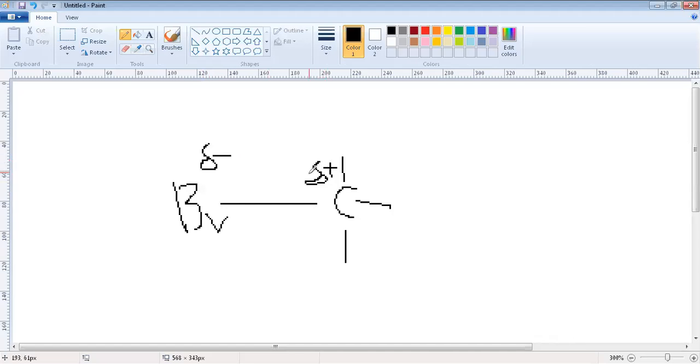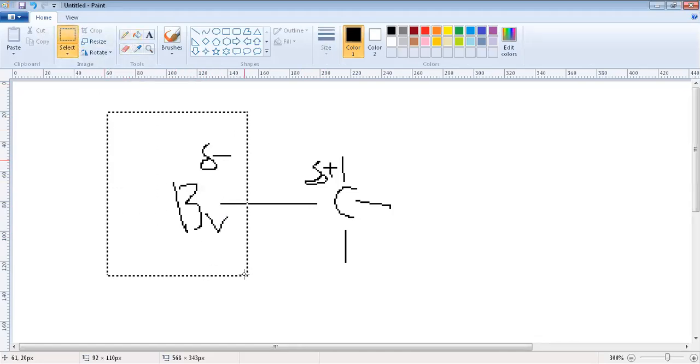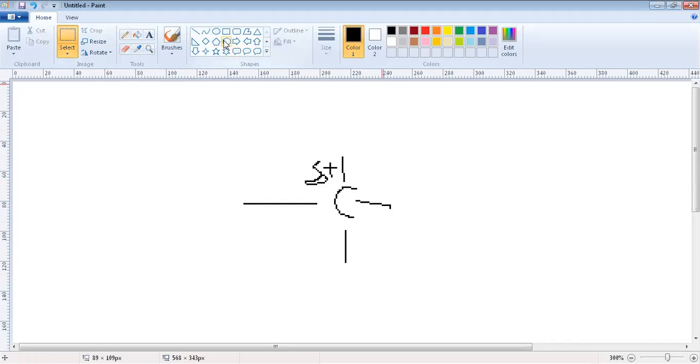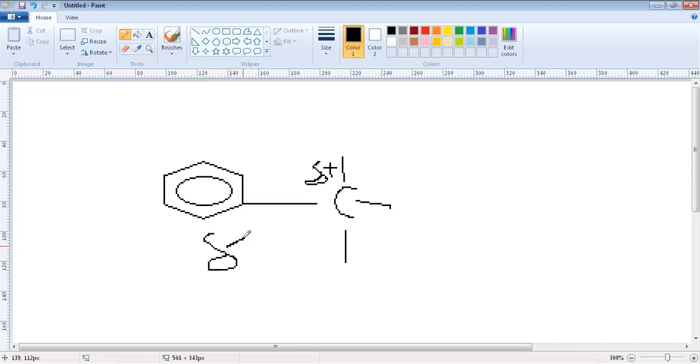Now, if I replace this group with a benzene cycle, is the benzene cycle high electronegativity or low electronegativity? High. In general, is this partially positive or negative, all this cycle? Partially negative, so the carbon is partially positive. So is the carbon donating or withdrawing?